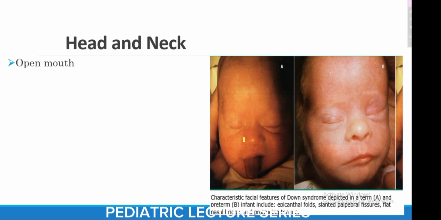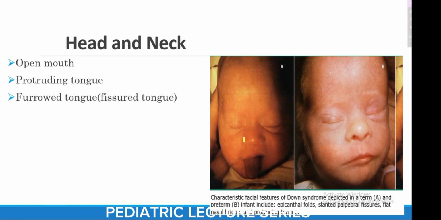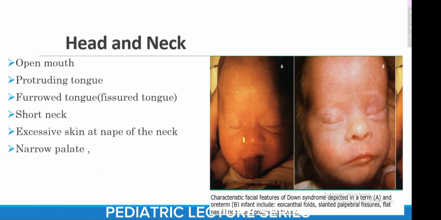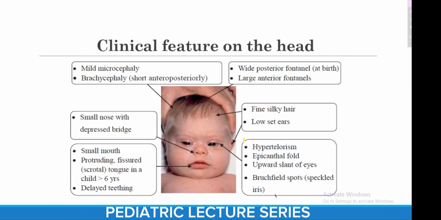So in the head and neck, we're going to have open mouth, protruding tongue, short neck, excessive skin at the nape of the neck, narrow palate, abnormal teeth, etc. And all these features are also explained in these slides. You also have microcephaly, small head, fine silky hair, low set ears, small mouth, protruding tongue, small nose with depressed bridge.